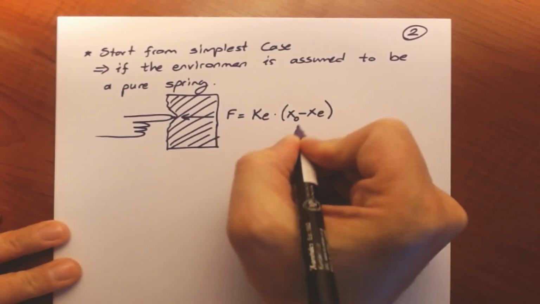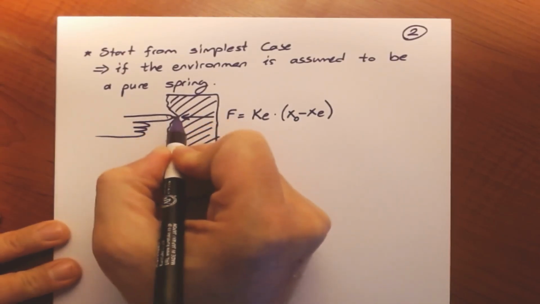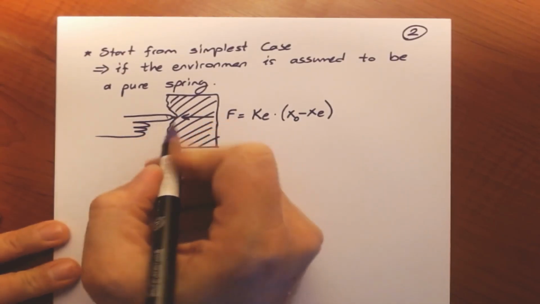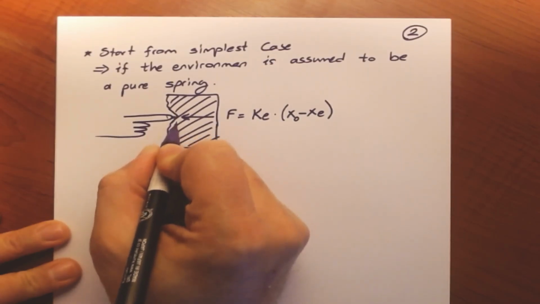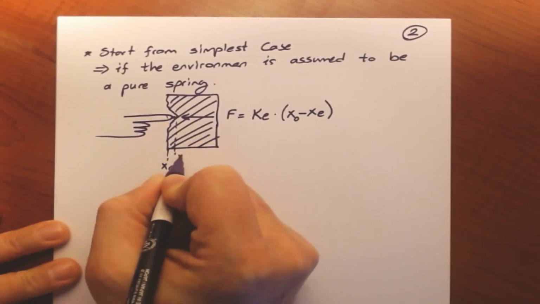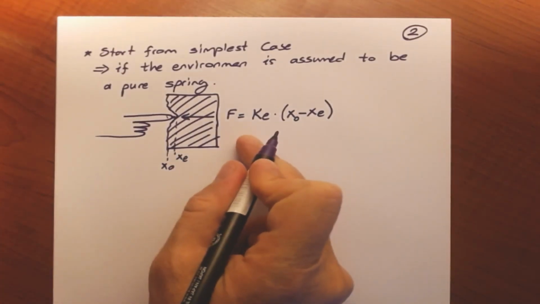Let me put here x naught, that's the original position of the environment, and x environment is the point where you deflect. Let me mark them x naught, and here you have x environment. That's the total deflection.